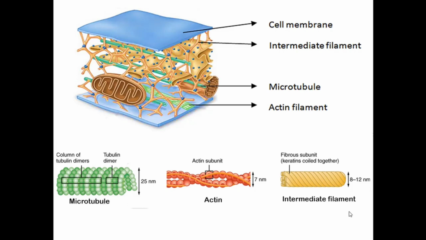We don't have myosin here, and also the intermediate filament. We call them intermediate filaments because the size of their diameters is between the thin and the thick filaments here.